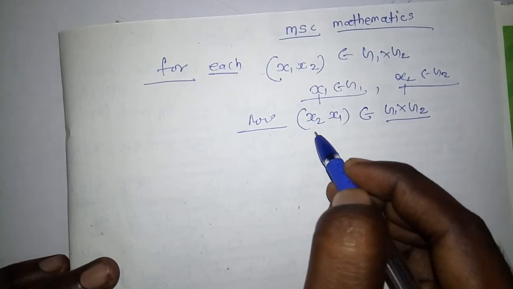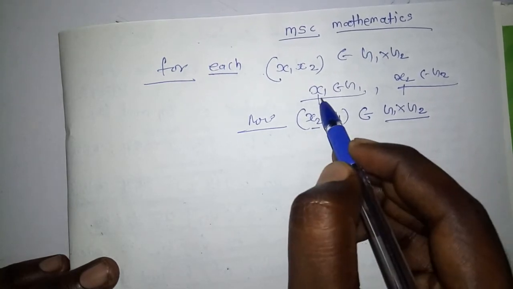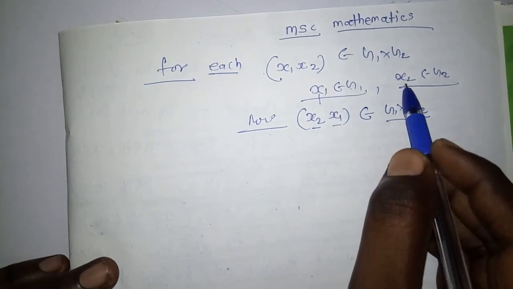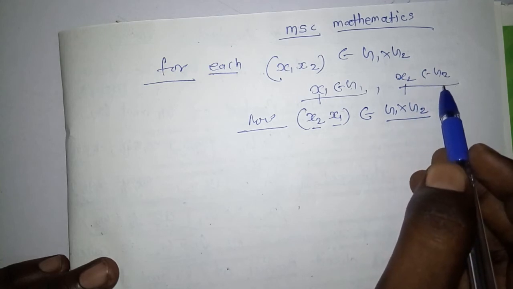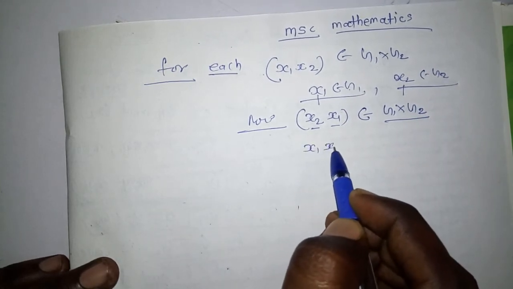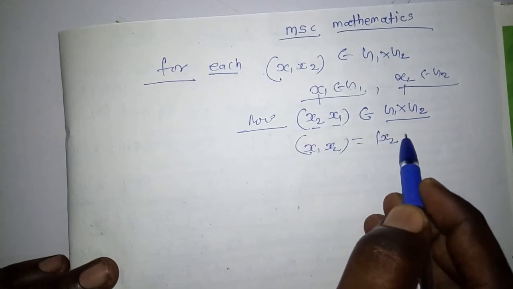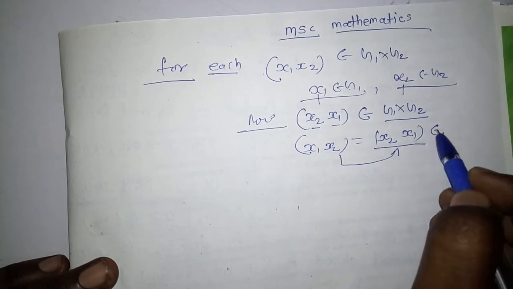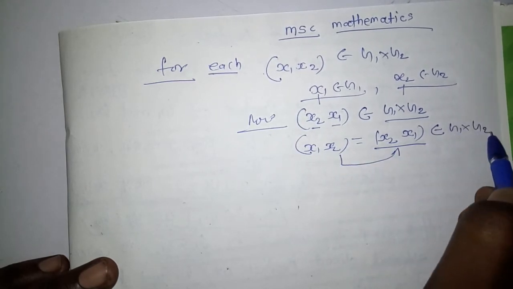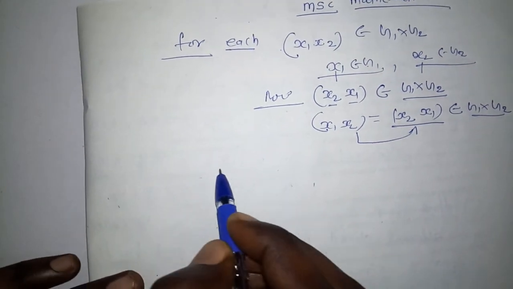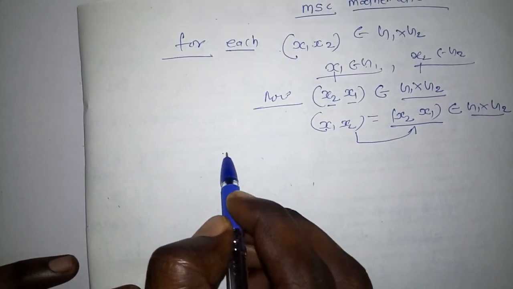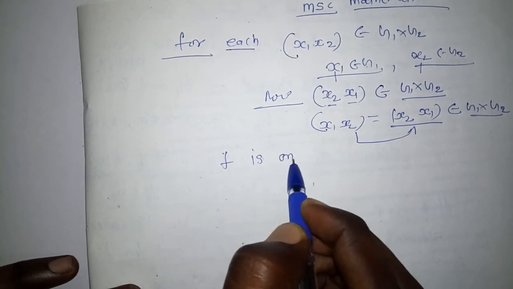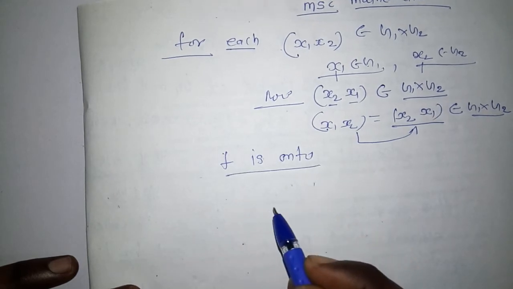Okay students, because we know that x1 is an element of G1 and x2 is an element of G2. Now (x1, x2) is equal to (x2, x1) here. Okay, because these elements belong to G1 multiply by G2 students. So f is onto. f is onto students.